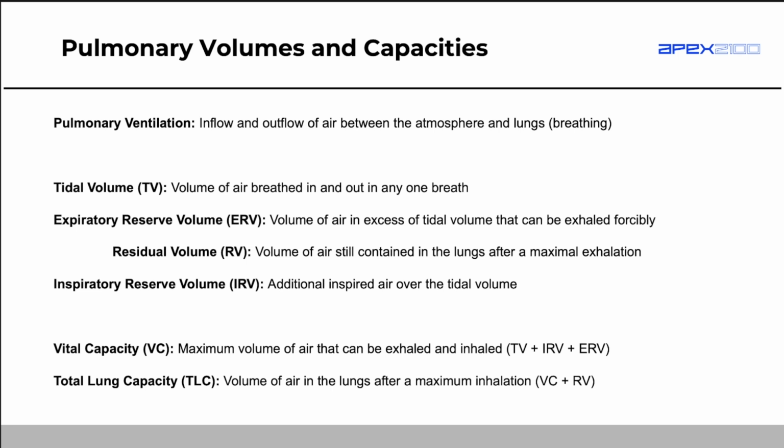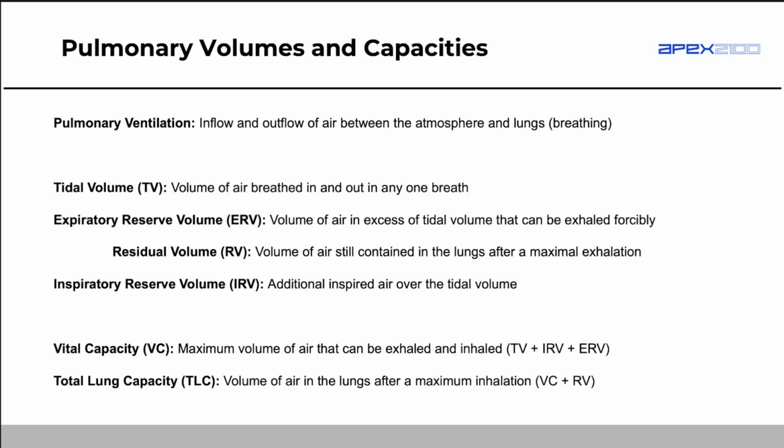Now remember that residual volume, I can't breathe that out. So that's not included in vital capacity because it's not a bit of air that I can use. It's always going to stay in there. Versus the total lung capacity, which is the total amount of air. It's the vital capacity plus the residual volume.